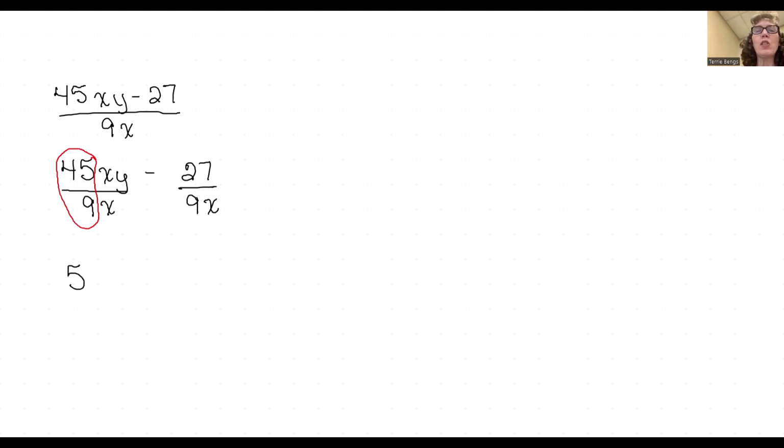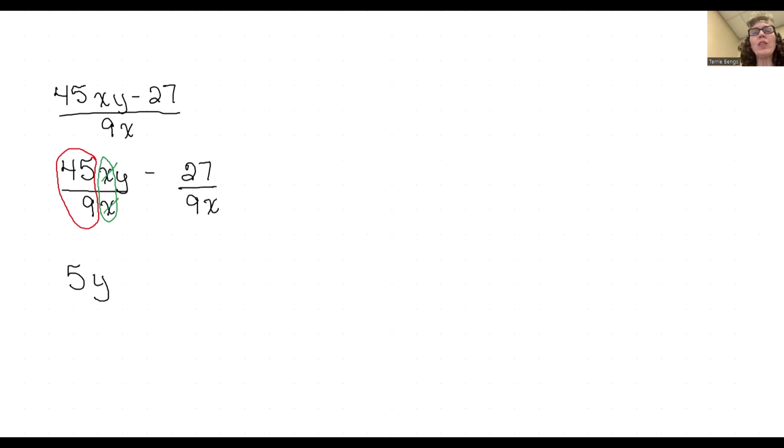The next thing we're going to look at are these x's. If they are the exact same on the top and the bottom, we're literally just going to cancel those out. So that x on the top and that x on the bottom completely cancel each other out. All we're left with is just that y. So we just bring it down and write it beside the 5.